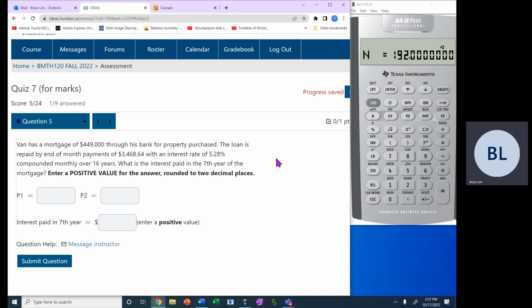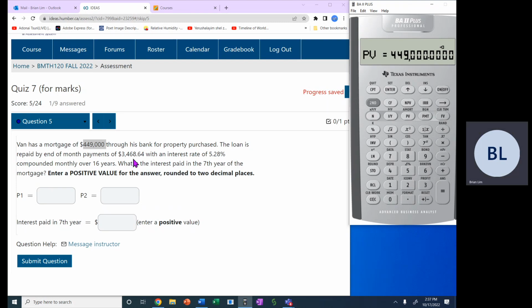Now we are given the value for IY and it is 5.28. So let's put that in there, 5.28, and that's the value for IY. Now the present value will indeed be this mortgage, or this loan, of $449,000. So 449,000, and we enter that for the present value.